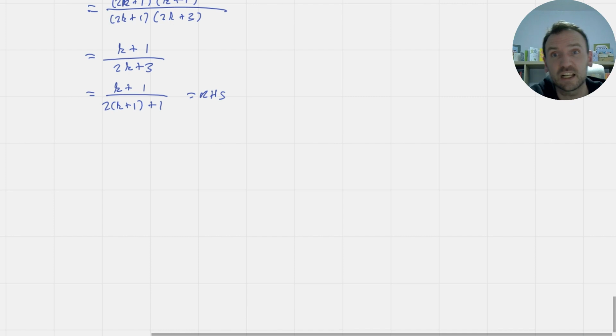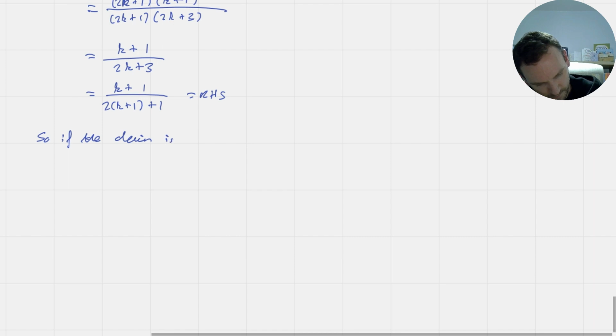The conclusion is going to be exactly the same as if you've done any of the other proof by induction videos. So the first step is: if the claim is true for n equals k, then the claim is true for n equals k plus 1.